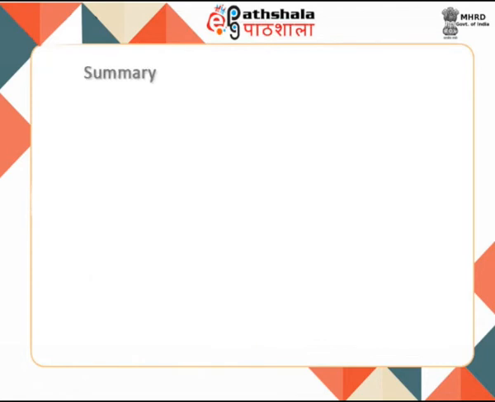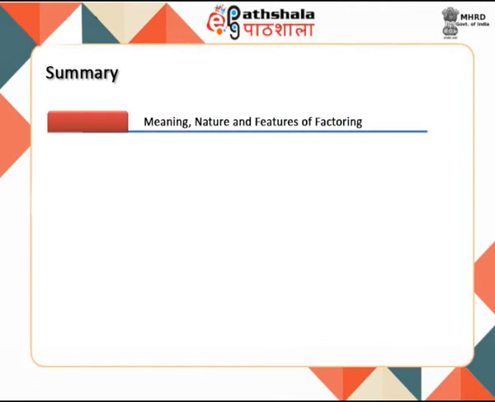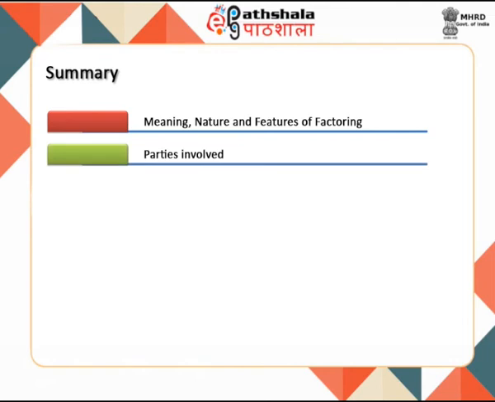Let us now recapitulate what we have learned in this module. We have studied about factoring, its meaning, nature, and features. Factoring is the finance given to trading and manufacturing firms by purchasing trade debts and helping in their collection. Three parties are involved in factoring arrangements: client, factor, and customer.